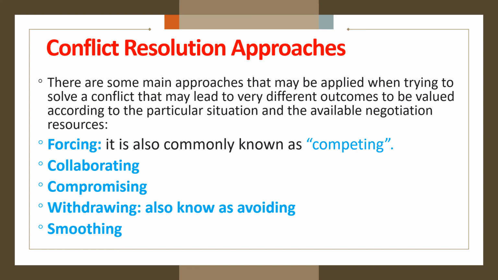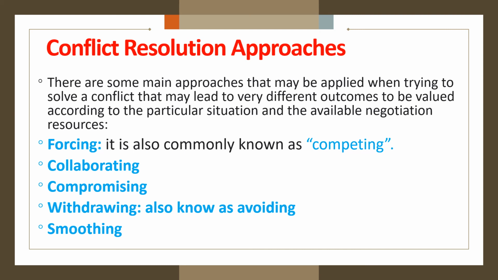So this is not a very good conflict resolution approach, because it's like saying you are sweeping the dirt under the carpet. One day it will turn to a heap. One day, definitely, the person will react, and it will still result back to what we have earlier explained, which is forcing.